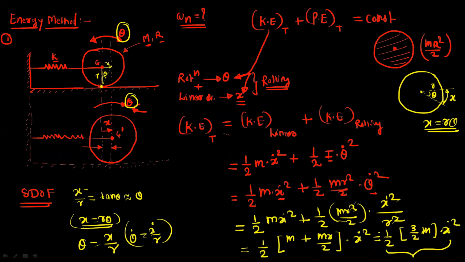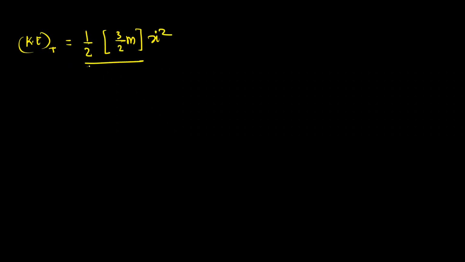So this is the total kinetic energy: 1 by 2 in bracket 3 by 2 m into x dot square. Why have I written this in this format? Because the standard relation for the kinetic energy is 1 by 2 m x dot square.